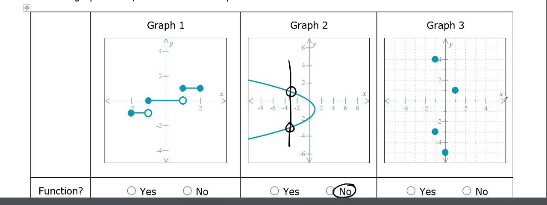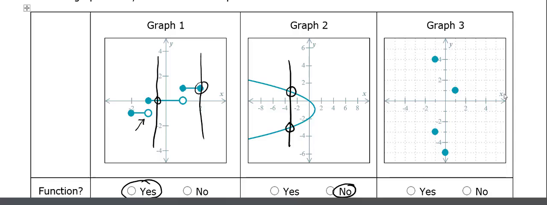Now, graph 1, there's no place on this graph where we draw a vertical line and it will intersect a range value in more than one place. Remember that this open circle means that this point is not included. So there's nowhere that we draw a vertical line and it hits our graph in more than one place. So this would be a function. Graph 3.